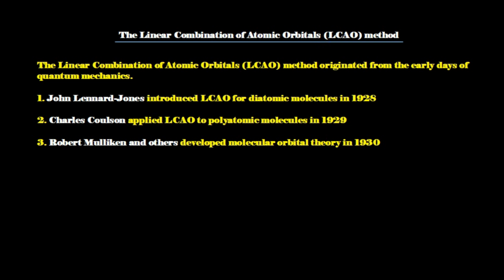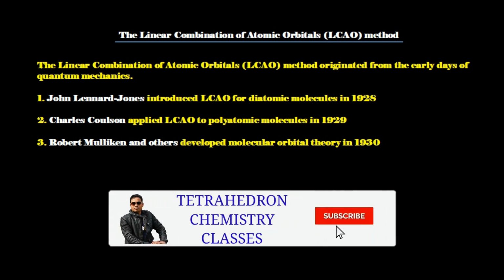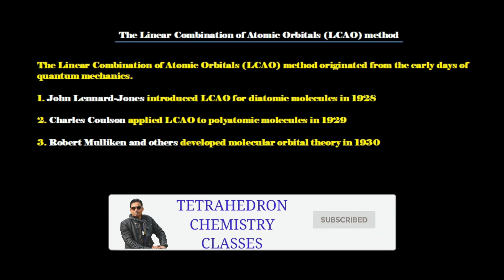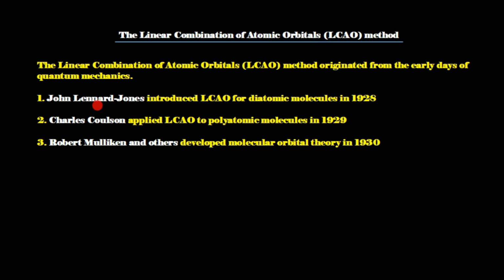This linear combination of atomic orbitals originated in the early days of quantum mechanics, right? John Lennard-Jones introduced the linear combination of atomic orbitals for diatomic molecules in 1928.